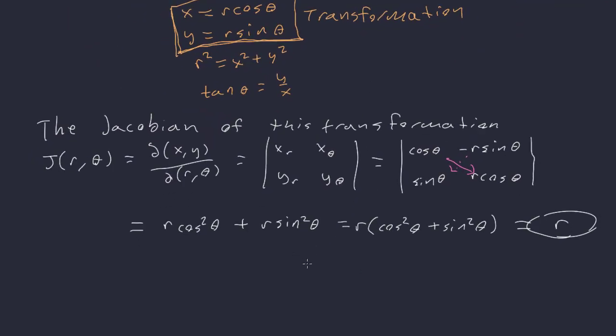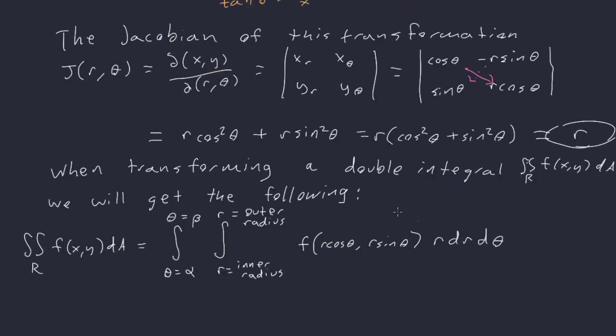All right, so when we transform a double integral into an integral over polar coordinates, what we end up with is that the double integral becomes this nastier looking integral here, where theta goes from, say, alpha to beta, r goes from some inner radius to some outer radius, f of r cosine theta, r sine theta, r dr d theta, right?